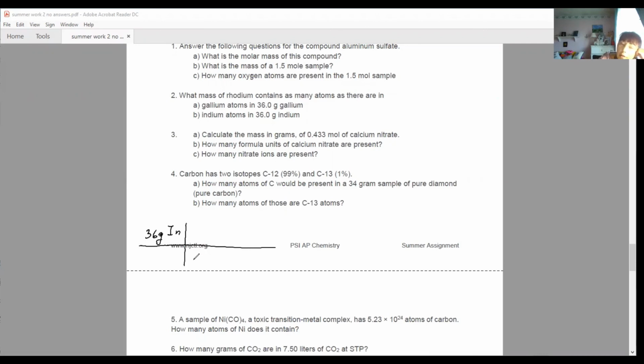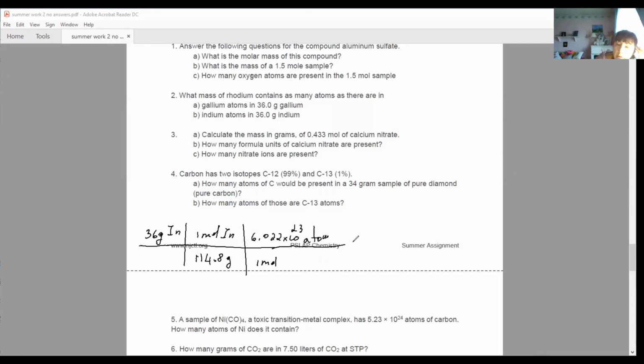We know that 1 mole of indium weighs 114.8 grams, so this is the moles, and in 1 mole there are 6.022 times 10 to the 23rd atoms.